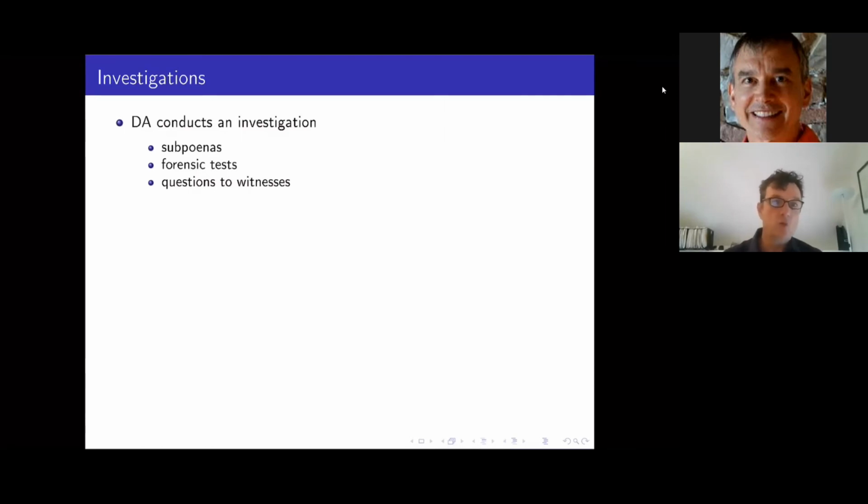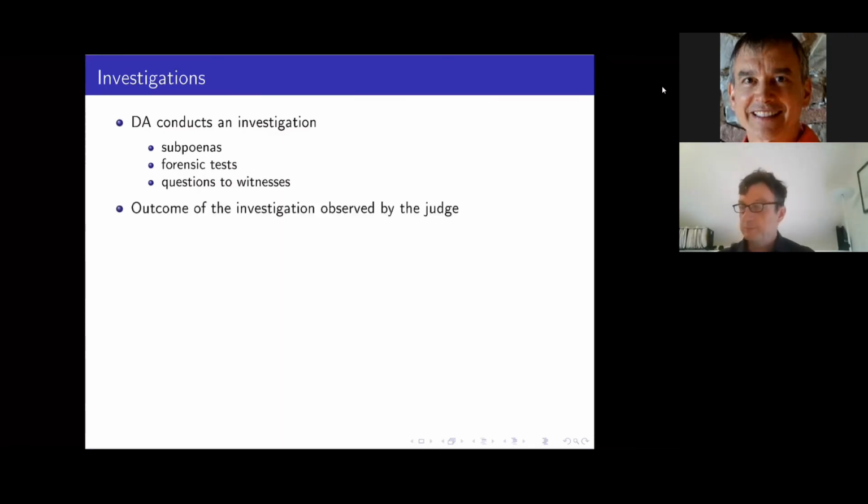He can choose subpoenas, he can choose forensic tests, he can choose to question the witnesses. So there's a whole bunch of investigation, literally tests, that the district attorney could run in order to get more information. The outcome of the investigation is observed by the judge. So we think about the outcome of the investigation as the signal.